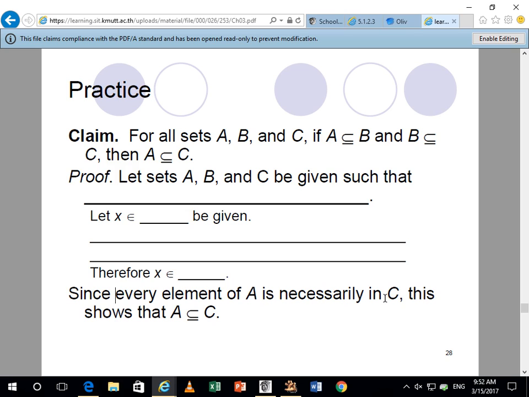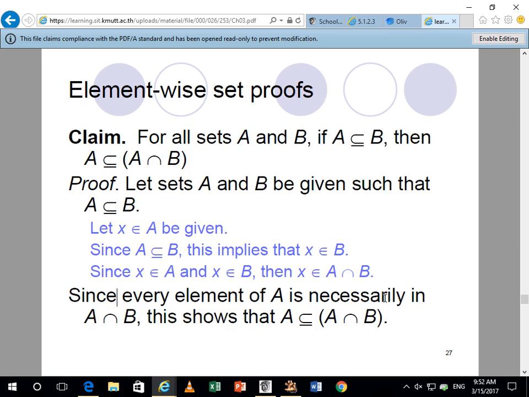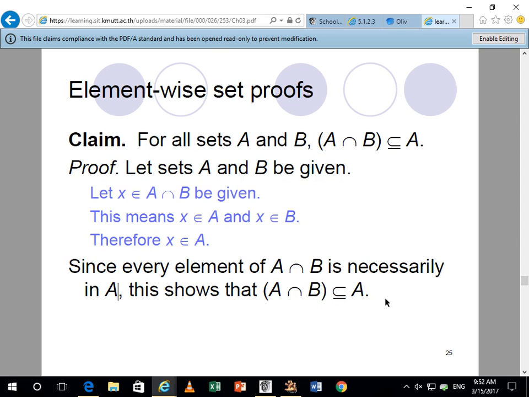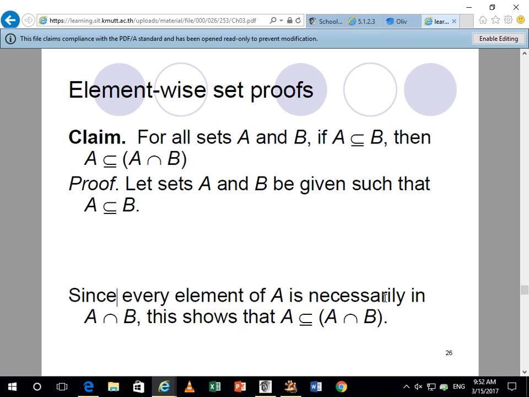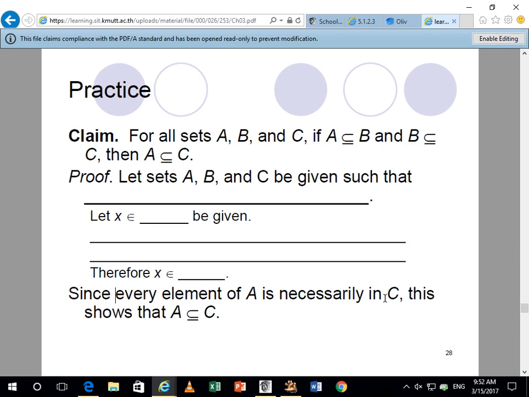Because A is a subset of B. Well, actually, we haven't shown that here, but we can use the previous properties. X belongs to A, A is a subset of B, that means X is also an element in B, because it's a subset. So what's next?